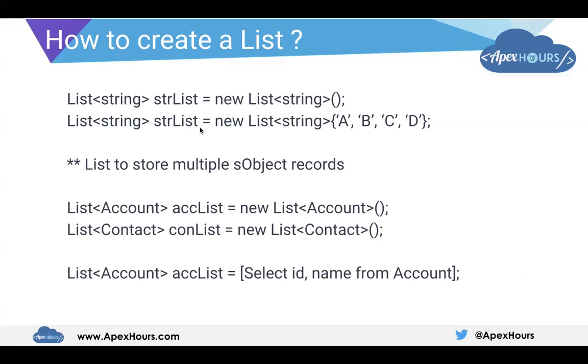List of string strList equals new List of string, and then in curly braces you can enter whatever data you want to enter into the list. So suppose A, B, C, D. These are strings, right? Because they are in single quotes. So this strList will now have four elements: A, then B, then C, and then D. This is what we say.